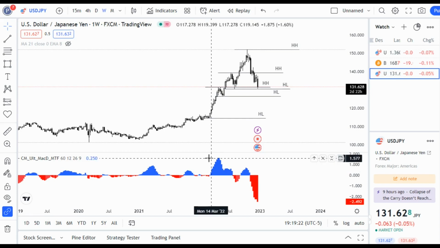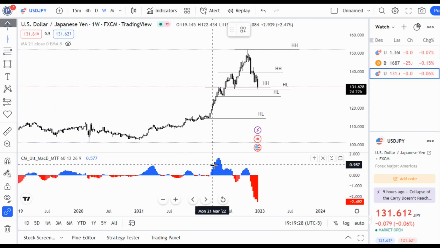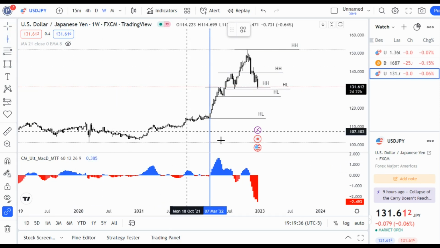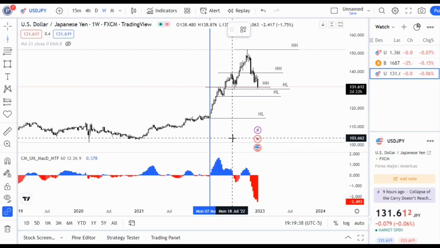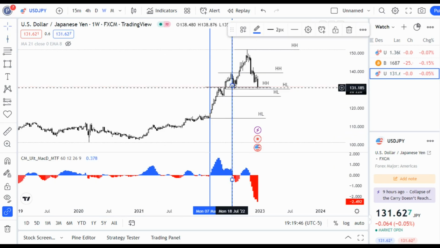You can see this high started from here. Let's use a vertical line here. This is the high, which started from here and ended here.